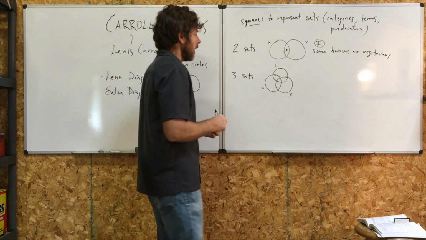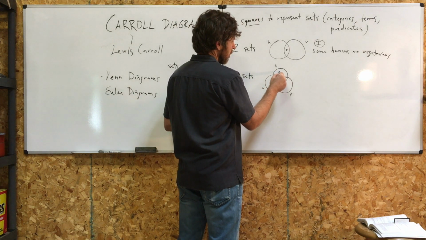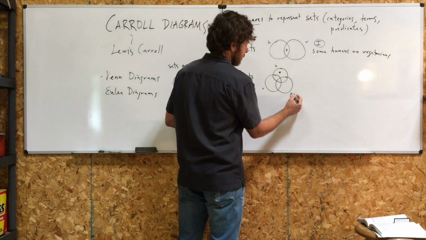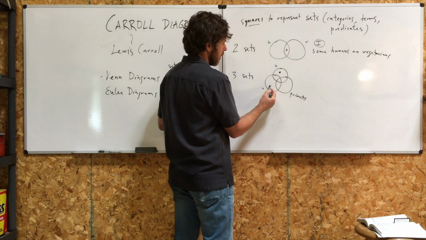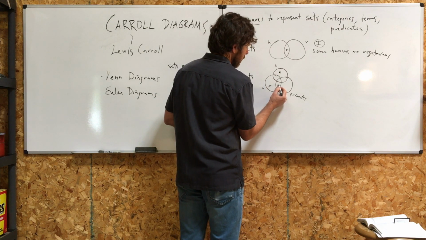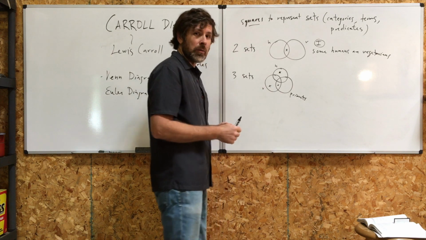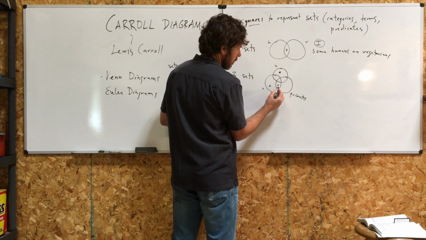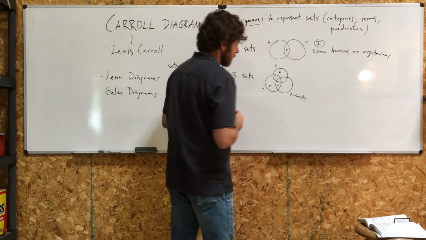You could have a human right here, who's not a vegetarian and not a primate. Right here you would have a vegetarian who is not a human and is also not a primate. Right here, any member of this little set, call it a region, would be a vegetarian who is a primate but not a human. See how that nicely represents that region?